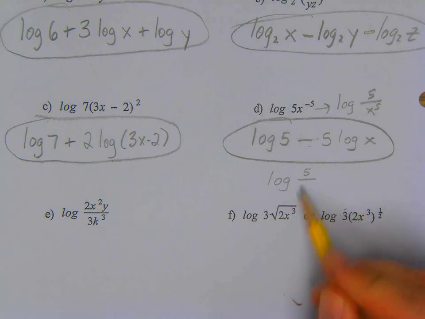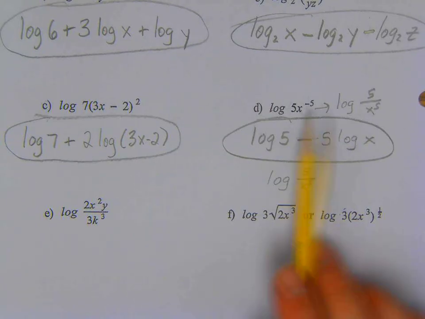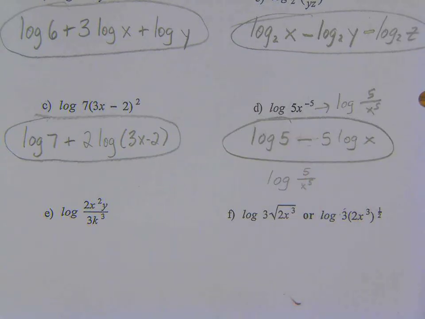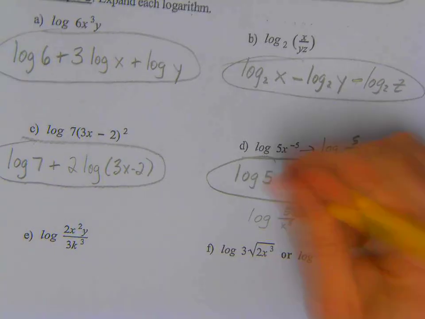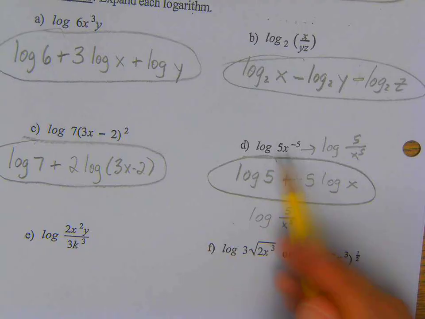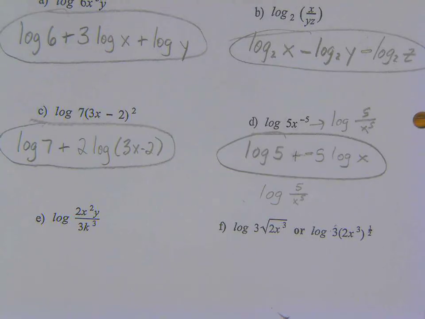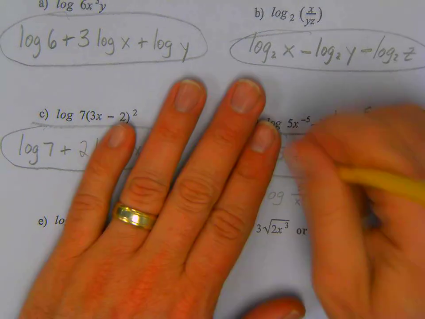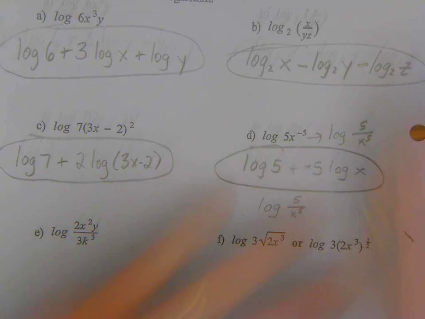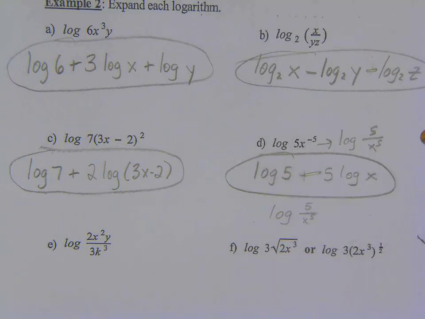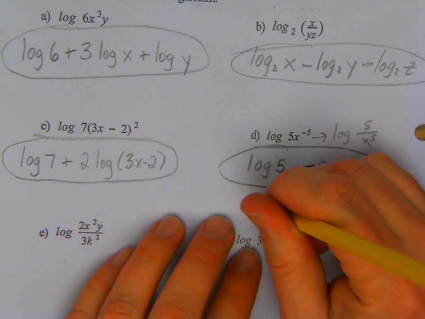And then you would say x to the 5th, right? But 5 over x to the 5th is the same as 5x to the negative 5th. I put a plus at first because it's multiplying here, but then I pull the negative out. So plus a negative is really the same as minus. So if I wrote it like this, it would be correct. But if I just wrote it like this, that would be the same thing, which seems a little easier. Does that make sense? Okay.